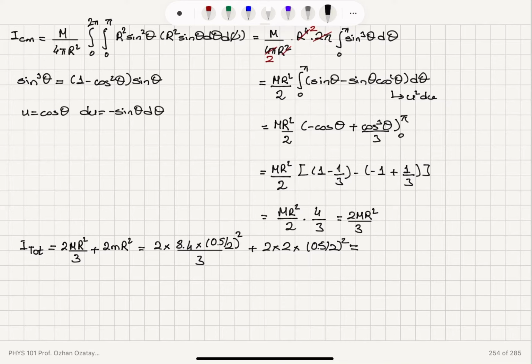So this gives us 0.35 plus 0.25, which is 0.6 kilograms meter square.